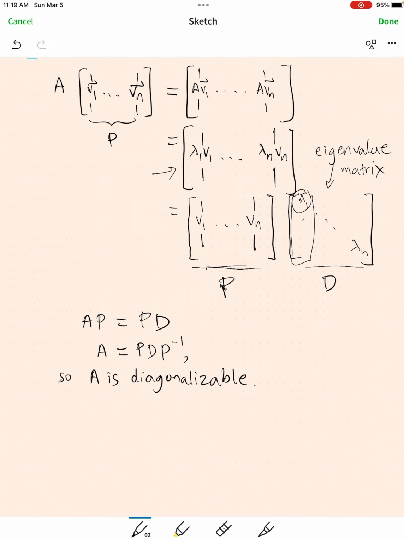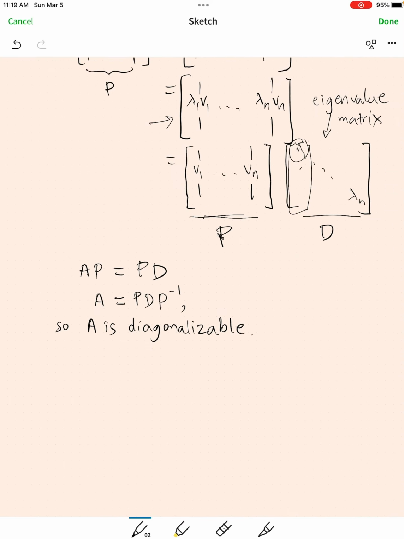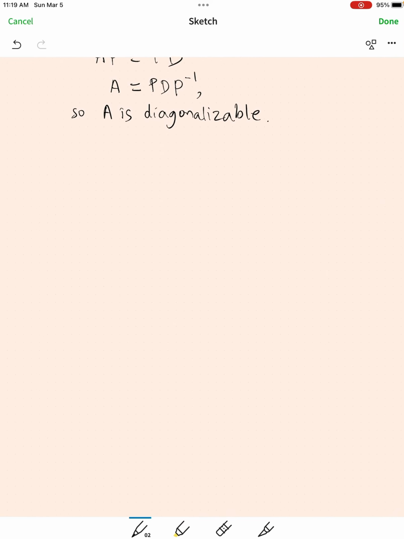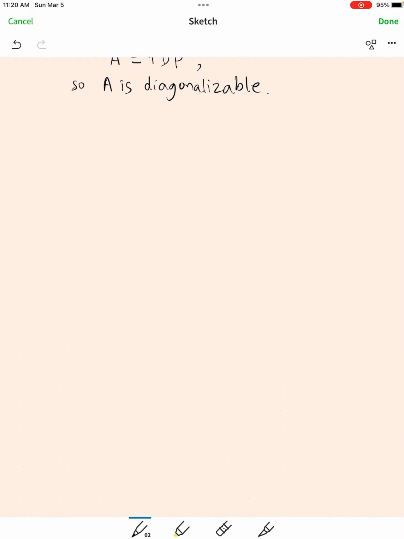On the other hand, if A is PDP inverse, right, the form that we had above, where D is diagonal, then we can kind of go backwards.